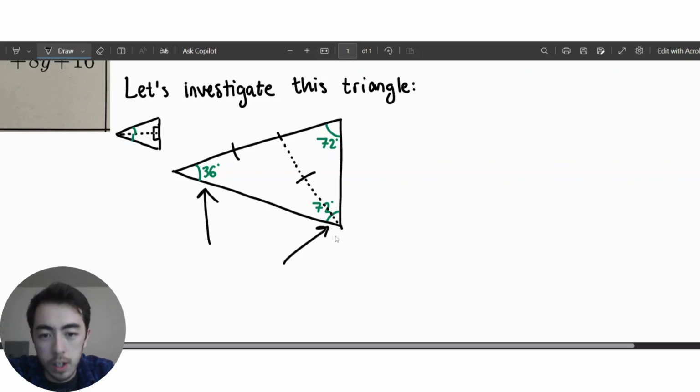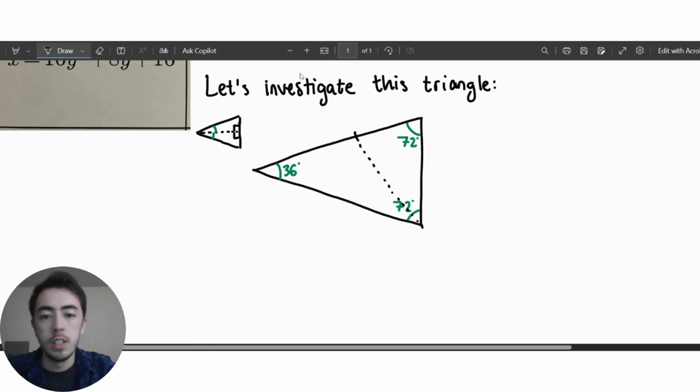There's a 36 here, and then this angle right there is another 36. And 36 happens to be half of 72. And so by cutting this triangle like I did with this dotted line, I actually just bisected this angle down here. That just means there's 36 degrees on the left and 36 degrees on the right.